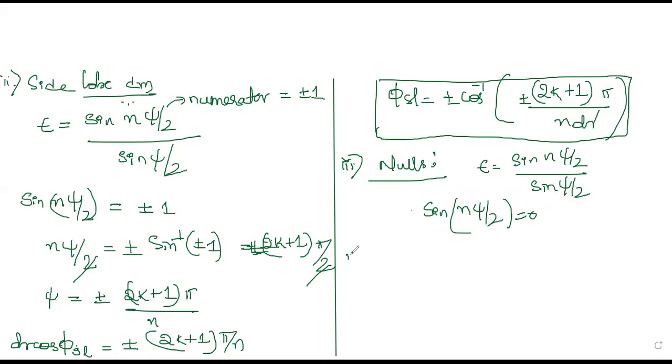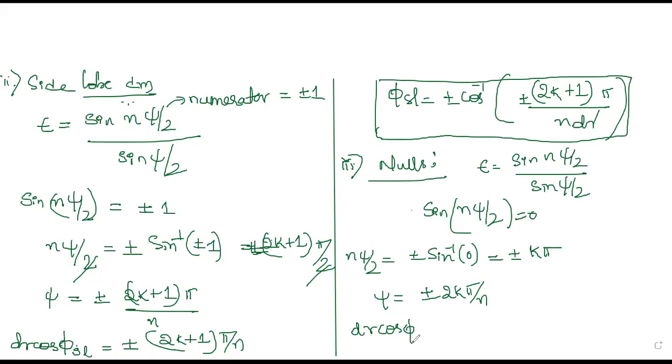So you have n xi by 2 equal to plus or minus sine inverse of 0. What is the general equation of plus or minus sine inverse of 0? K pi. So 1 pi, 2 pi, 3 pi will give you 0. So xi is equal to plus or minus 2k pi by n, where we know xi is dr cos phi. This is null.